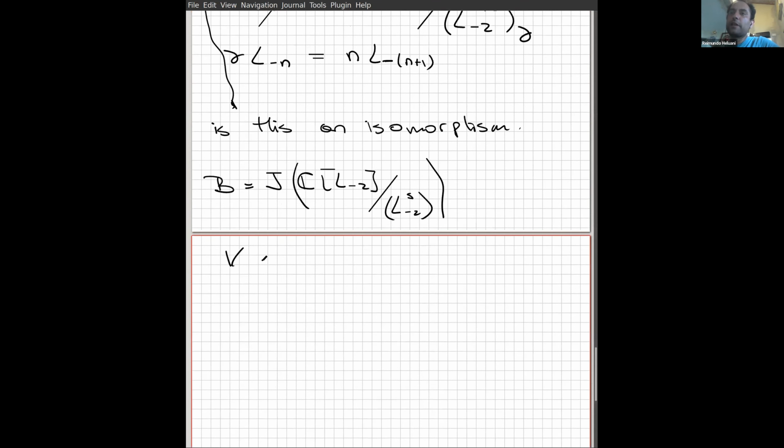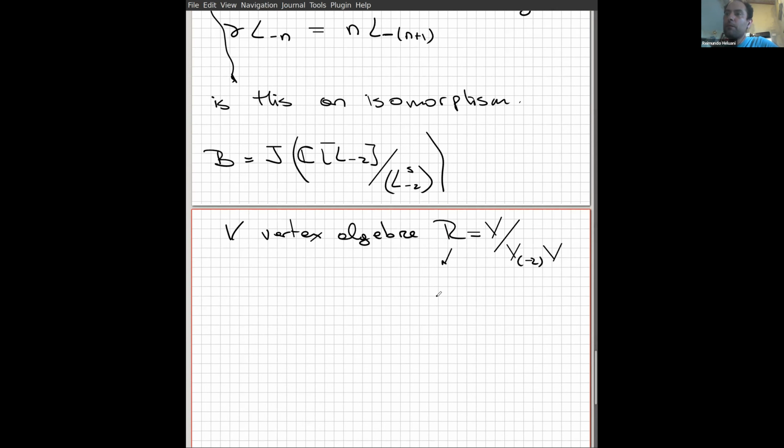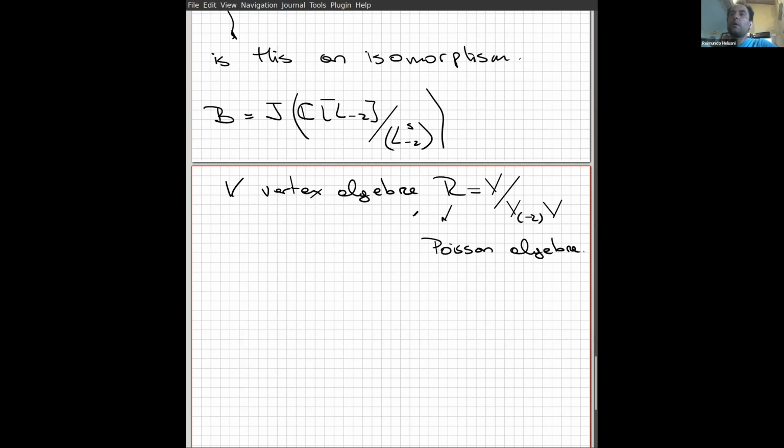So if V is a vertex algebra, any vertex algebra, R is its C2 quotient. This is Zhu's C2 quotient. This is a Poisson algebra. You have two different Poisson vertex algebras associated to that. You can consider both of them as a classical field theory associated to a CFT. One is the free field theory, which is the arc space of this Poisson algebra.